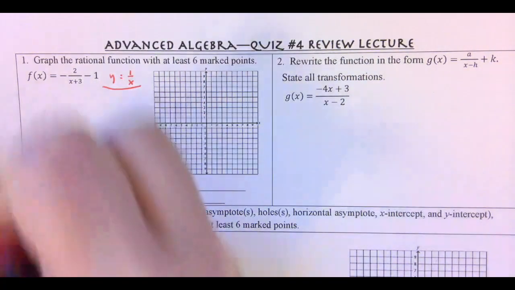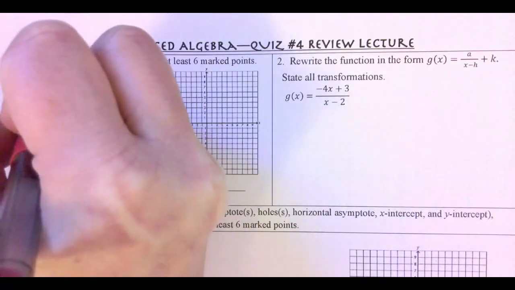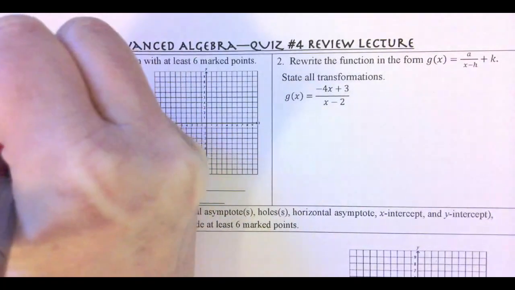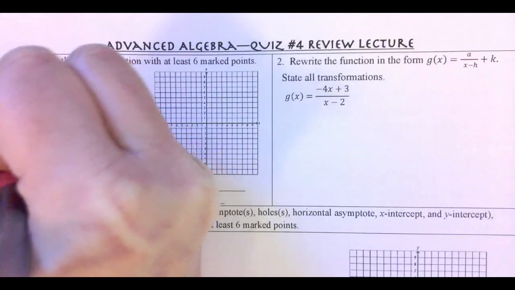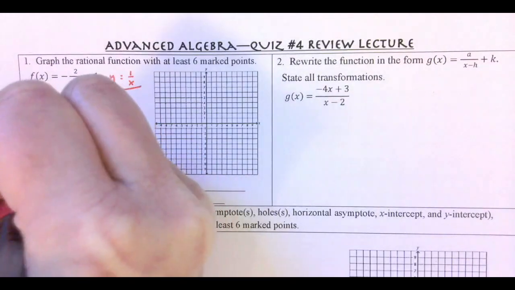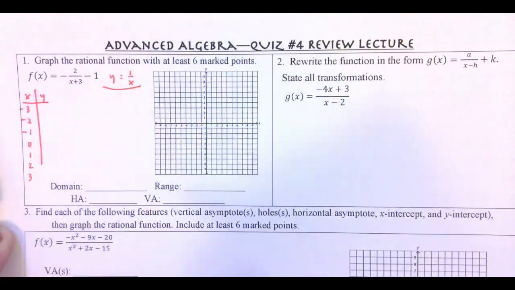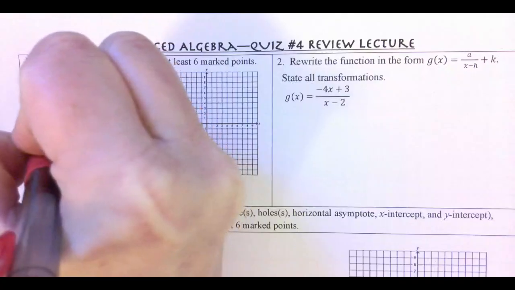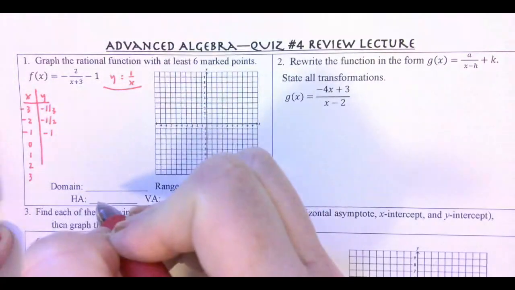And if I make my table of inputs and outputs, I input -3, -2, -1, 0, 1, 2, and 3. And then I output -1/3, -1/2, -1.